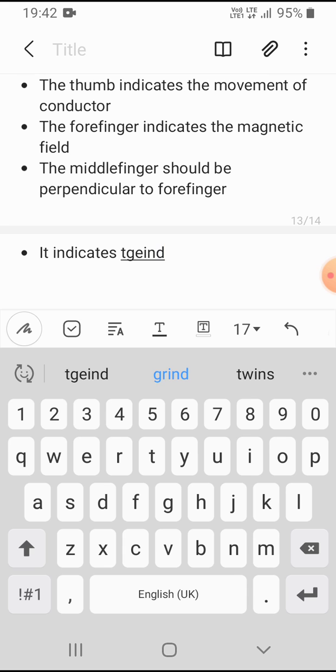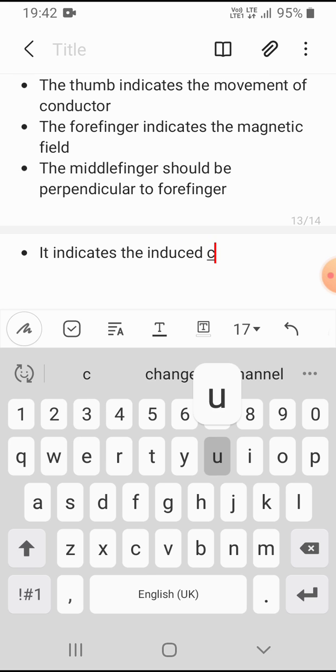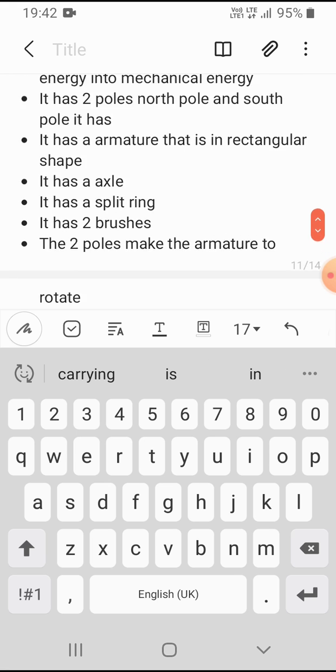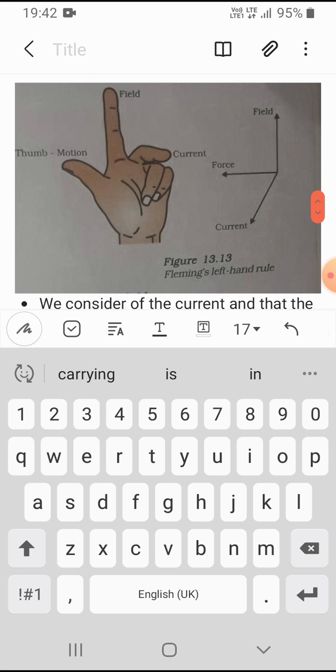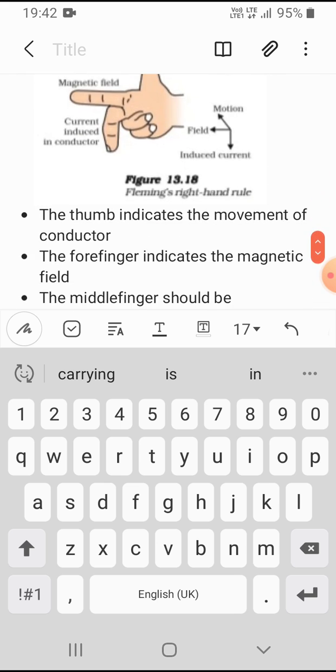Induced current is the current that we get in a generator. I will explain about the generator. In the right hand rule we get the induced current.